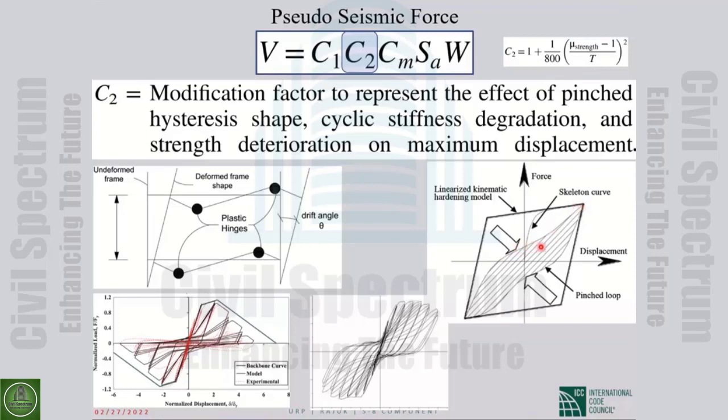Or if there is a slip, if for example the lap splice between the reinforcements is not enough and it slips. It slips means you have deformation without forces.